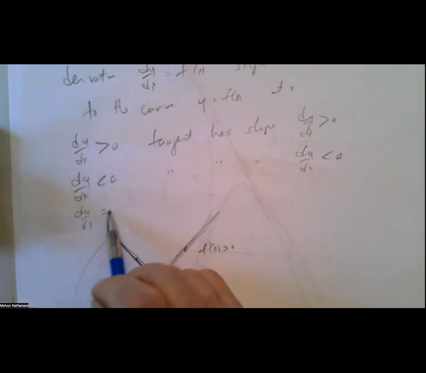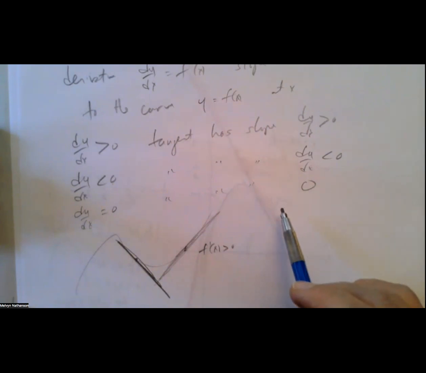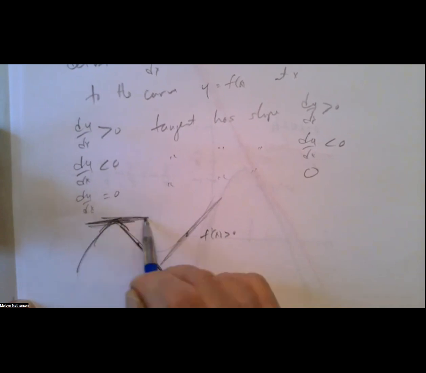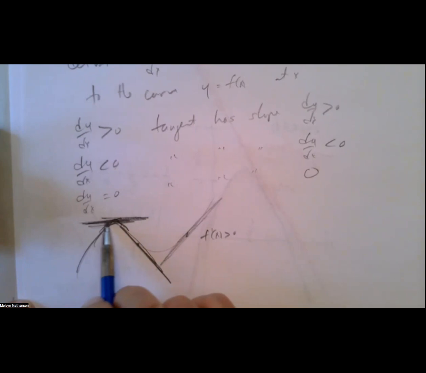And if dy dx is 0, the tangent line has slope 0. A line with slope 0 is a horizontal line. So at this point on the curve, where you have kind of a maximum, the slope of the tangent is perfectly horizontal, parallel to the x-axis.